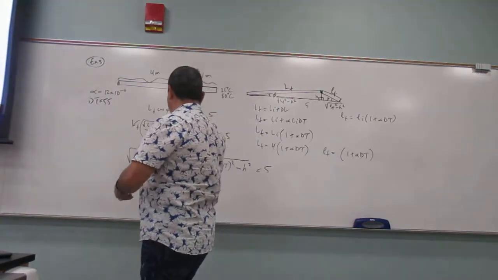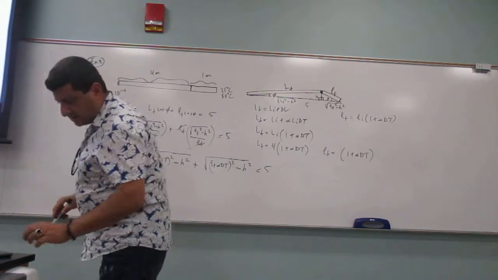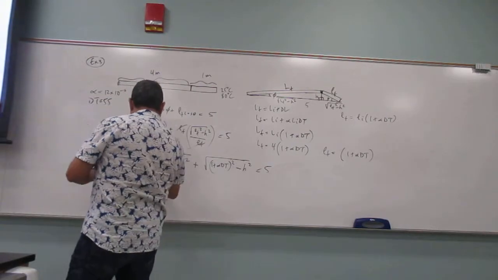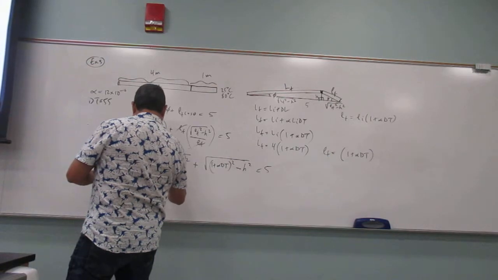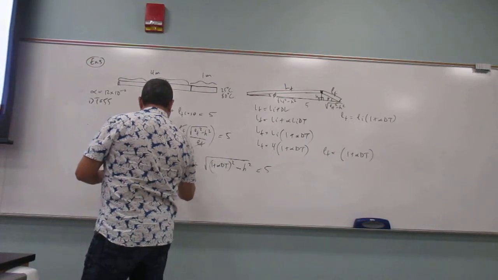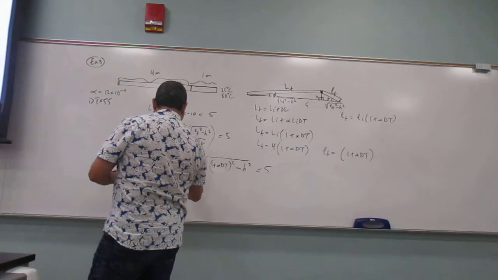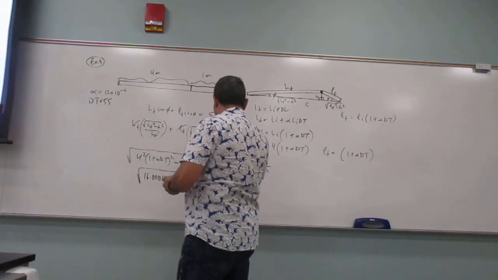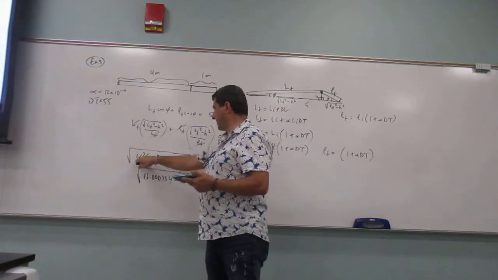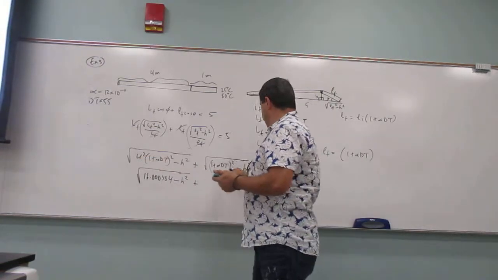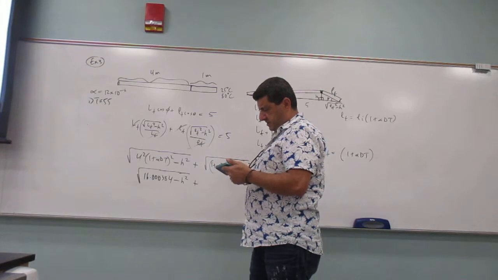So then you have here the square root of 16.000384 minus h squared plus, it's similar to this except it's missing the 16, so I can just divide by 16.